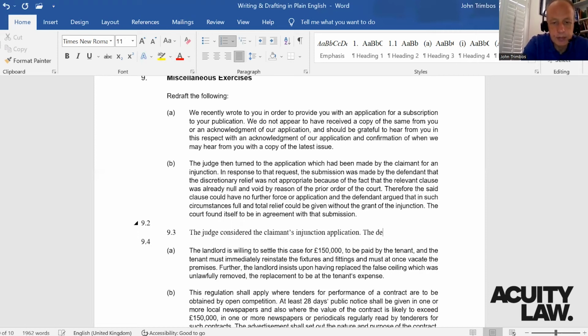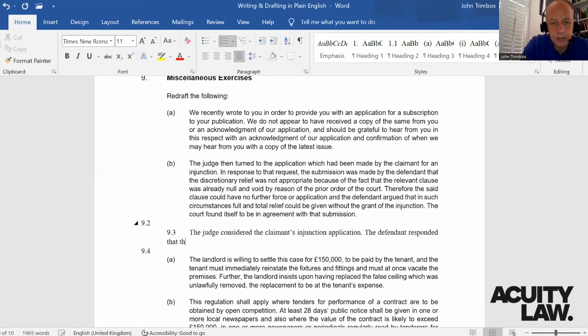The defendant responded or replied or argued in turn, whatever you want to say, that this was inappropriate since the relevant clause was void, not null and void, just void following an earlier court order.